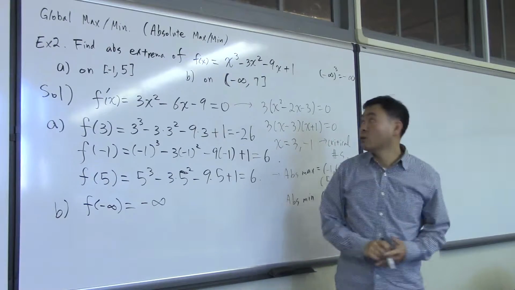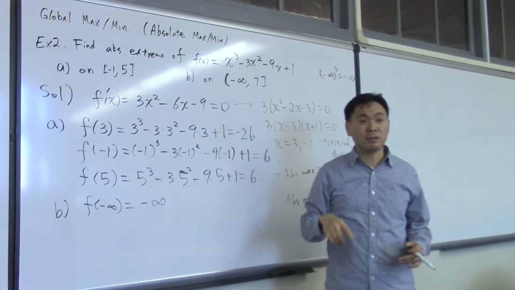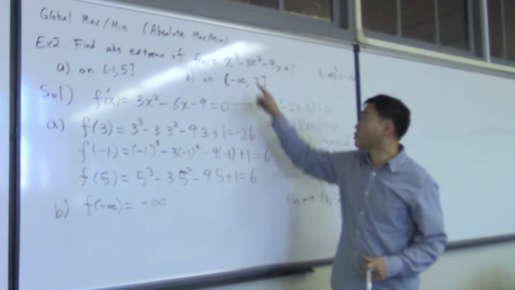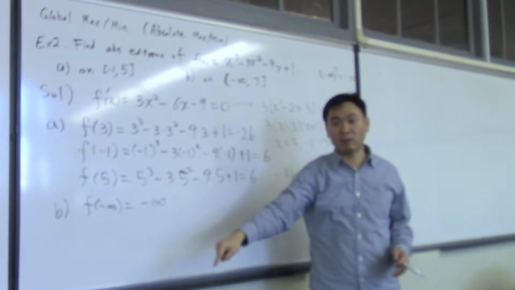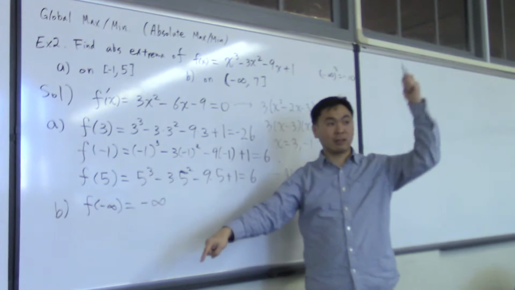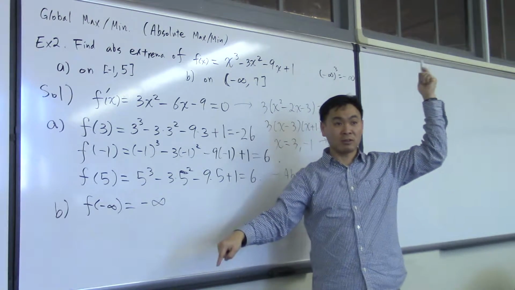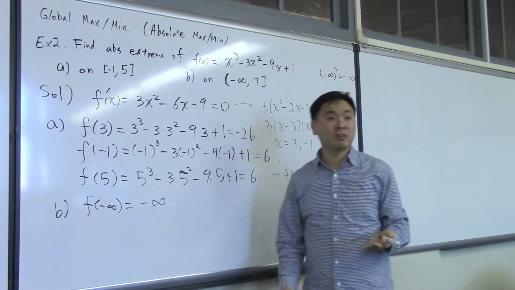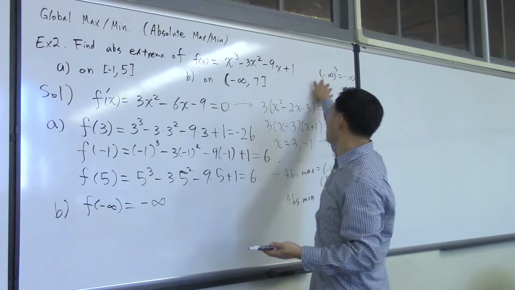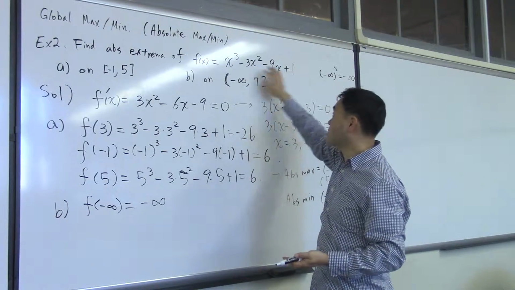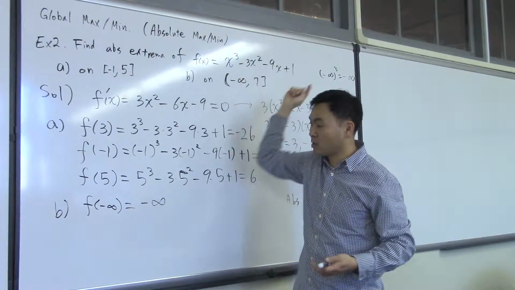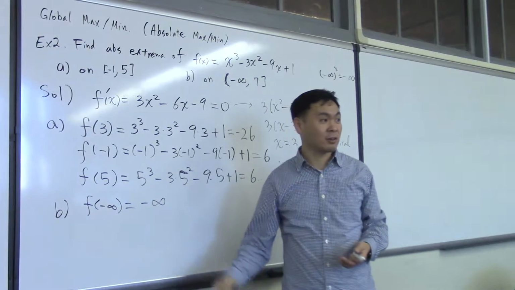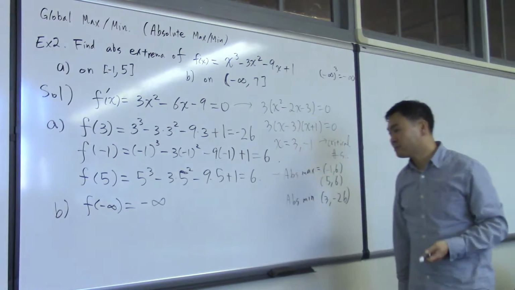When the coefficient of x cubed is positive, the end behavior of a cubic to the left side goes down, and the right side goes up. If you remember that, you can just say, this is a cubic with a positive coefficient, so the end behavior going left is negative infinity.